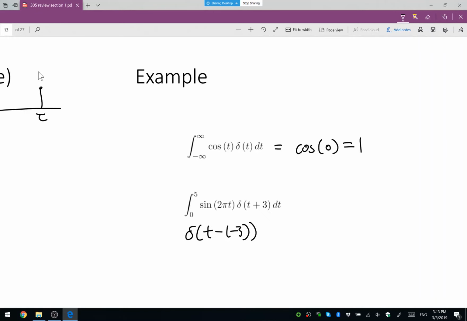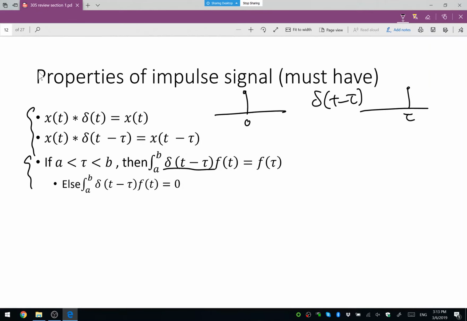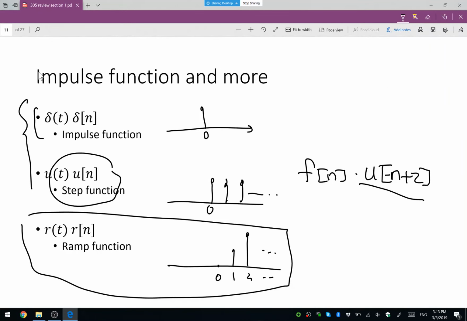Yeah, I forgot to explain the definition in the continuous case. What I described is the discrete case. But for continuous, if this is t, delta is not 1 at 0. It's actually infinite at 0. But even though the magnitude is infinite, its integral is not infinite. That is how the delta function is defined. It sounds a little bit weird, but this is how it's defined.